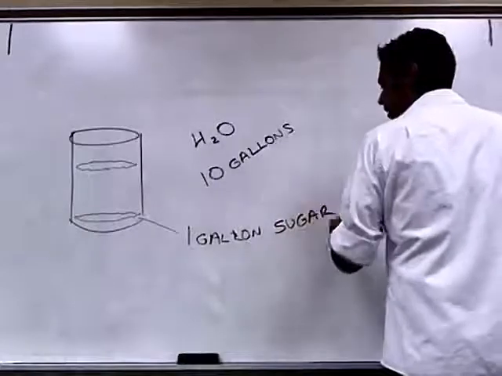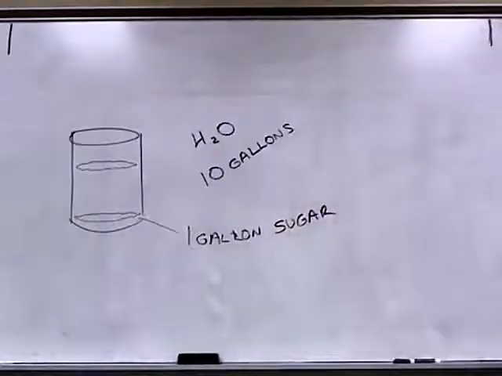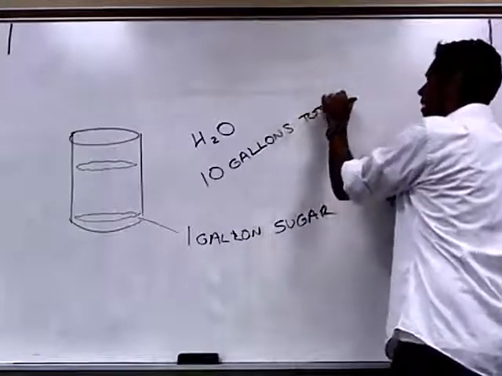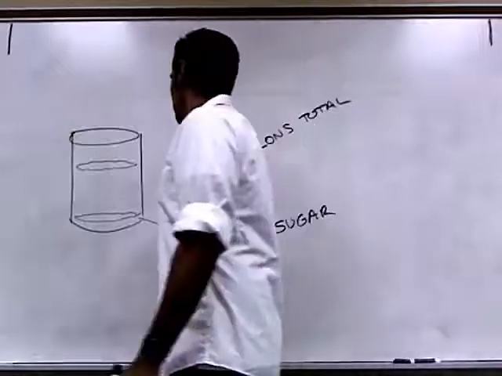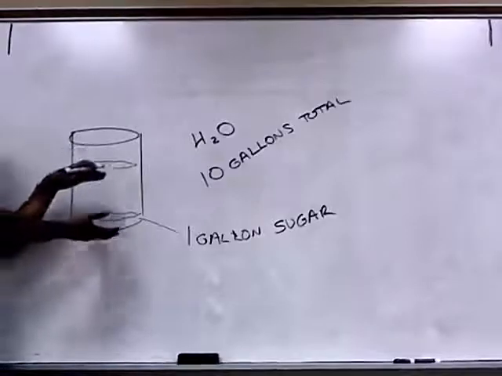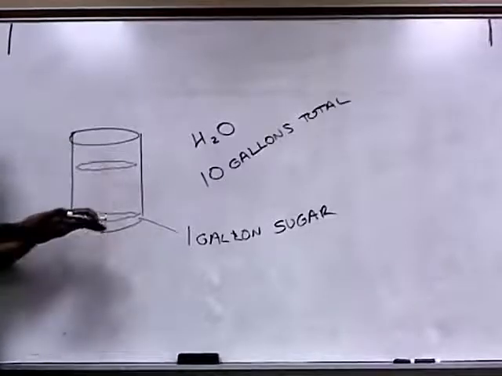That's some sweet stuff right there. All right? So 10 gallons total, 1 gallon of sugar. So wouldn't that mean you would have 9 gallons of water? Like pure water, if you were to separate it from the sugar. You have 9 gallons of water, 1 gallon of sugar.